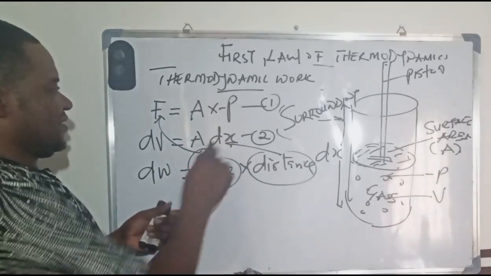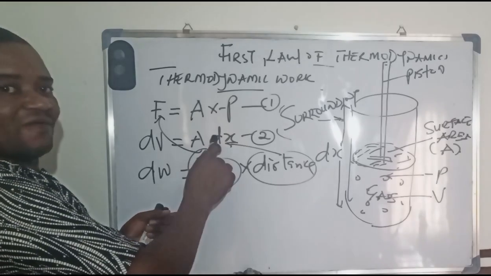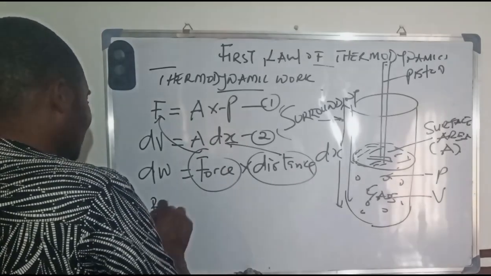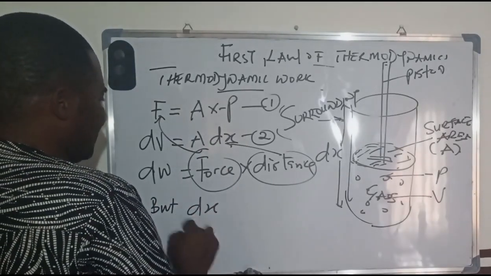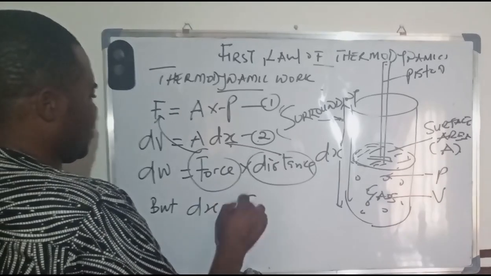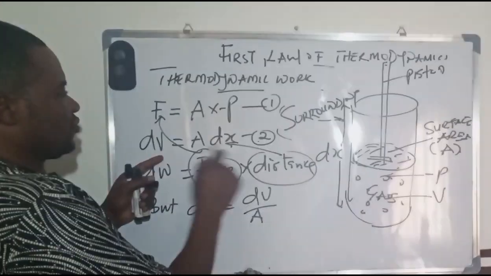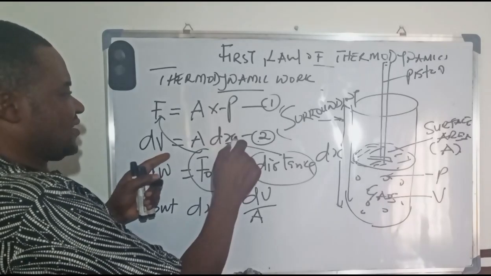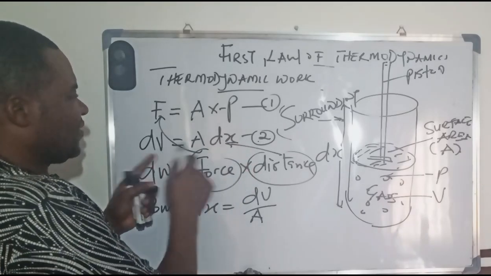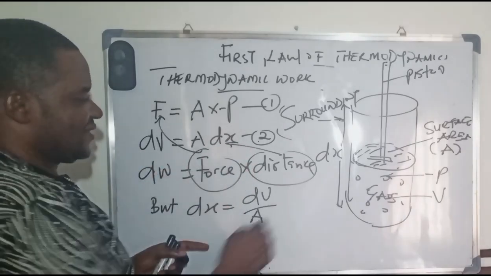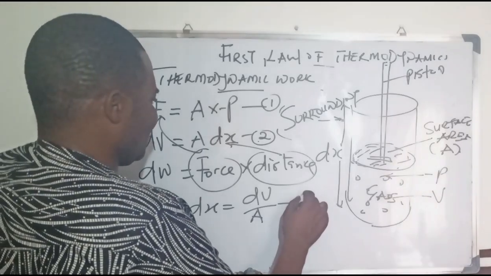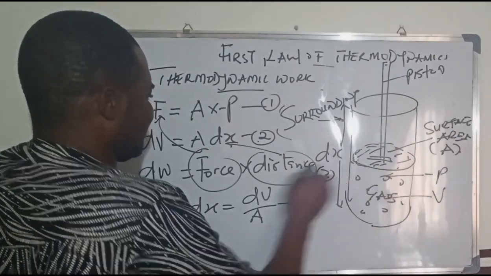That means to look for the distance, we have to do some conversion. The distance from equation 2 will be equal to dV all over A. That is what you have here from equation 2. So the distance formula is dV over A. This gives us equation 4, because this is equation 3.